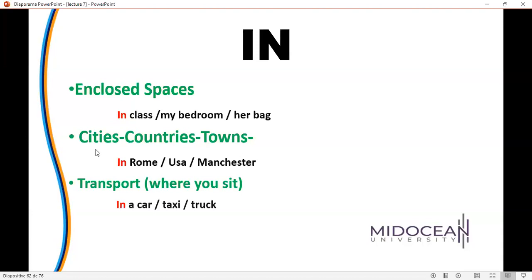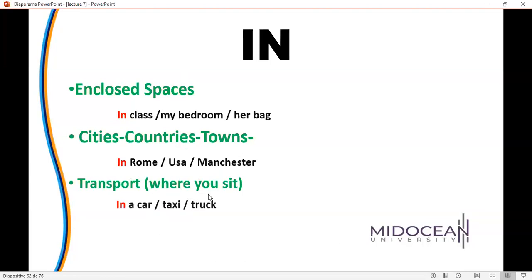Here we use it with cities, countries, or towns. Example, in Rome, in Dubai, for example, in Tunis, okay? You have countries: in USA, in Egypt, okay? In Manchester, for example, in Madrid, and so on, okay?